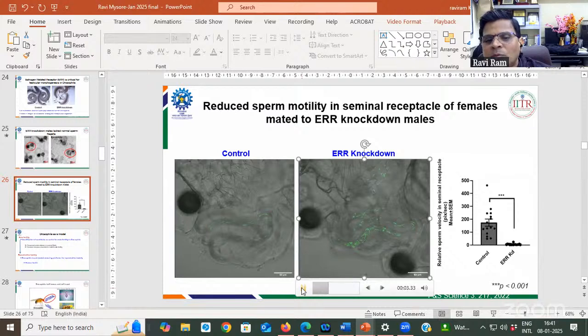A very few are moving, and most of them are very slow or stagnant. Okay? So which suggested that yes, testicular function is also compromised in addition to the testicular development, because of which the sperm are having reduced motility, which can lead to reduced fertility in this case.